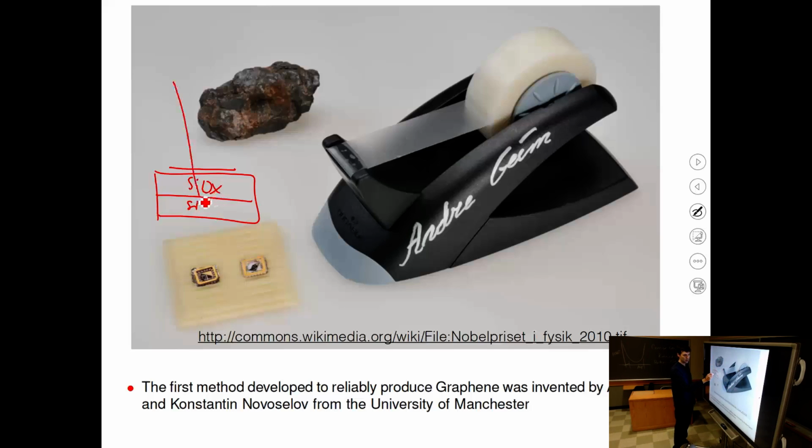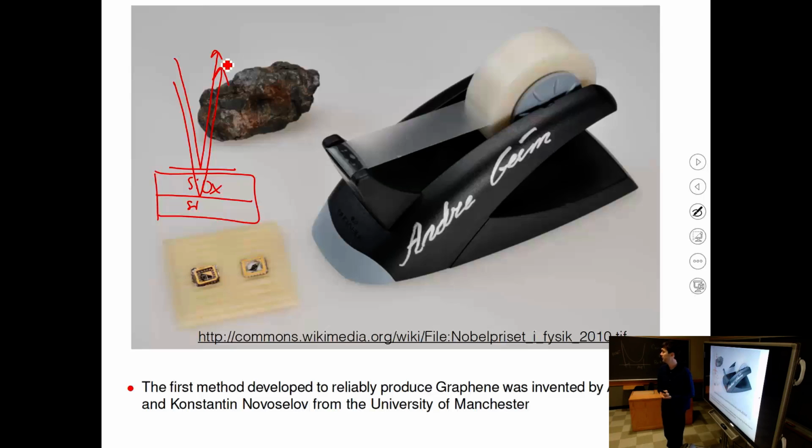You have light going through and reflecting off of silicon, which is somewhat of a metal at room temperature. And you have another wave going like this. These two waves interfere. And it changes the color just enough for your eye, not armed with anything else, to see the color difference from a single layer of atoms. So thanks to this silicon oxide on silicon substrate on which you can hold it.